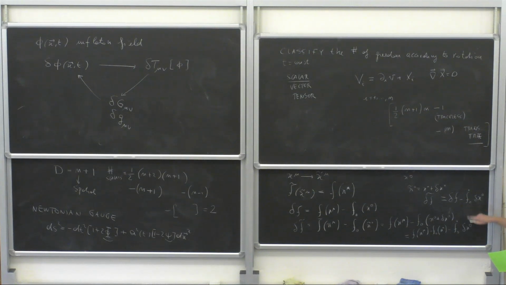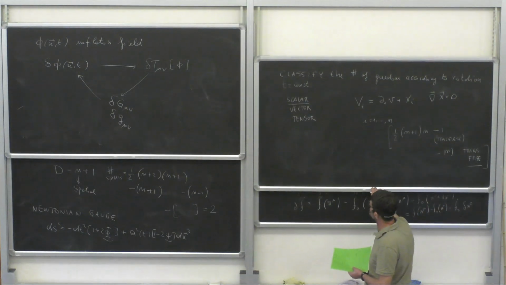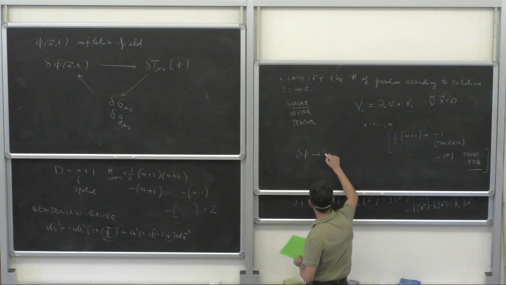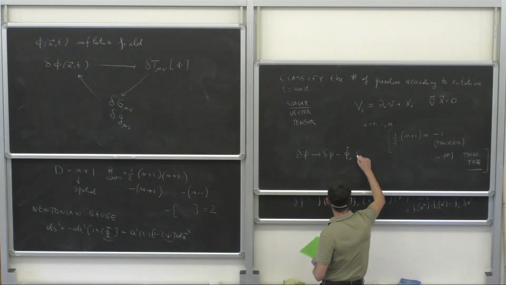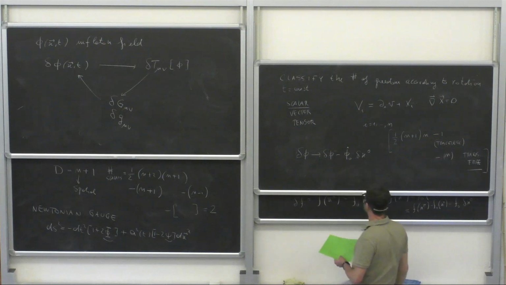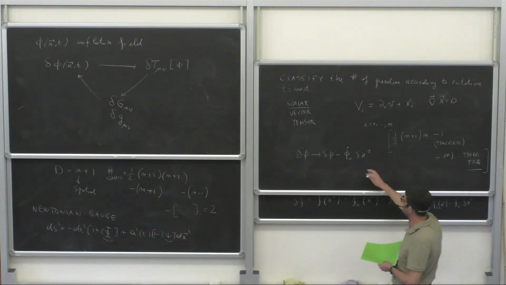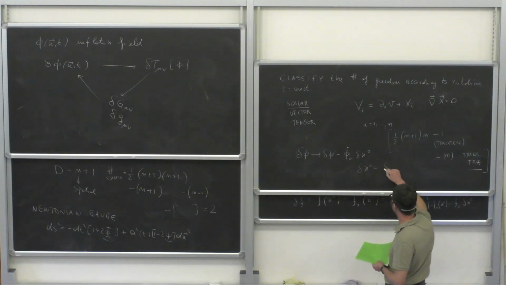So suppose now that I have a scalar field, delta phi will transform as delta phi minus phi dot 0 times delta x0. And now it's clear that I can always go to a coordinate system such that delta x0 in any point is equal to delta phi divided by phi dot 0.